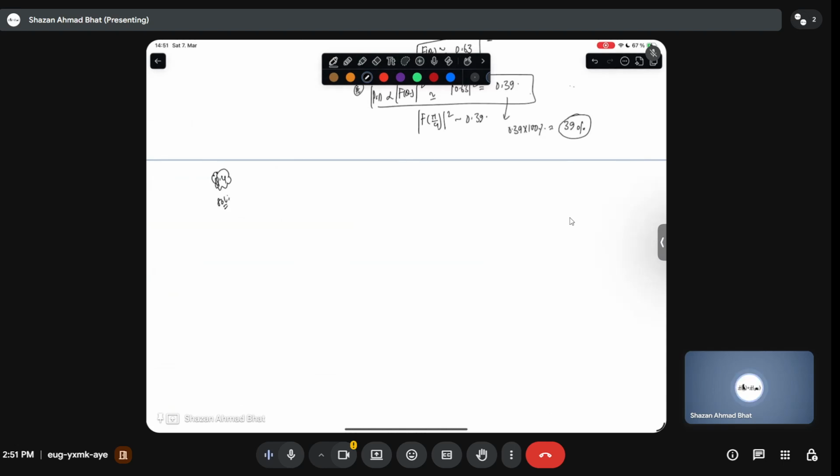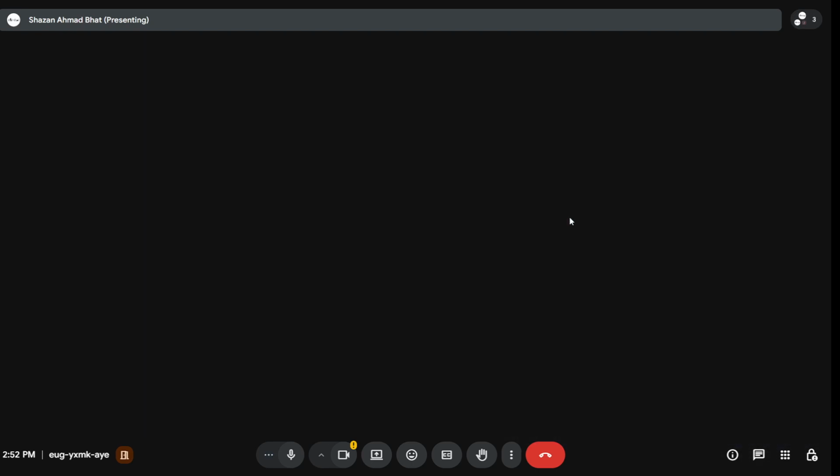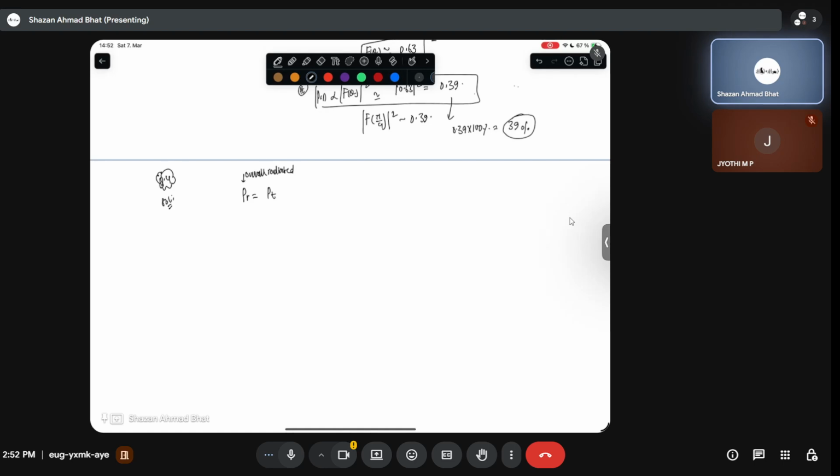So the Friis transmission equation gives you the overall radiated power, which is a function of the transmitted power.